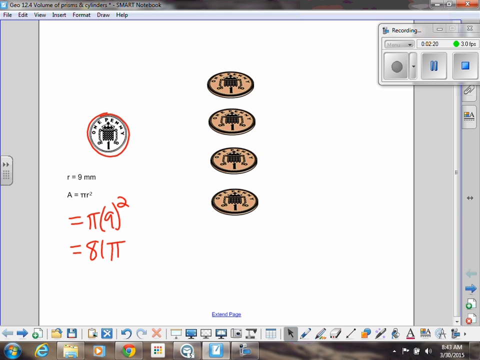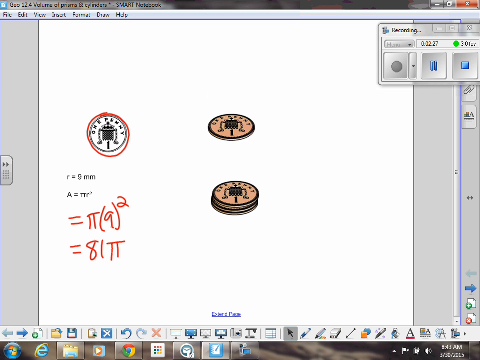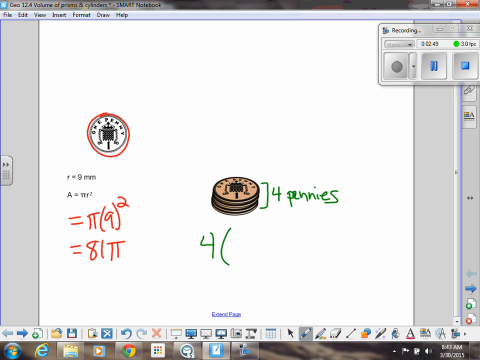So if I then take those pennies and stack them on each other, then they take up space. They take up more space than just one single penny laid flat. So the amount of space they take up depends on how many I put in that stack. So I just put 4 pennies in the stack, and each penny is 81 pi.